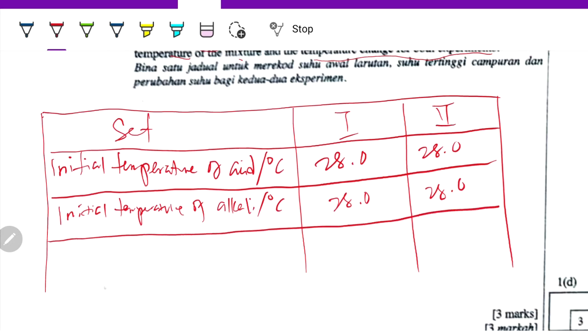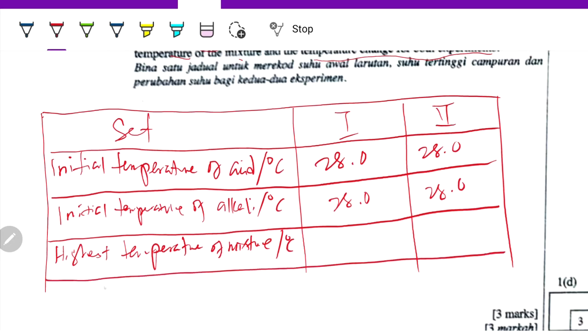Then after that will be the highest temperature of the mixture. For the highest temperature of the mixture, this one is 41.